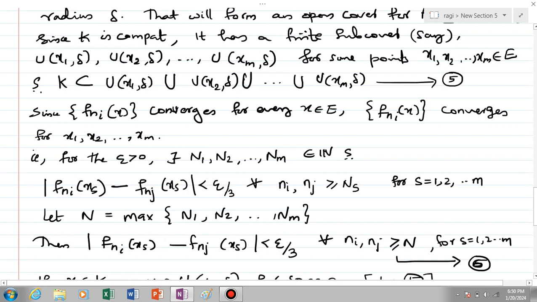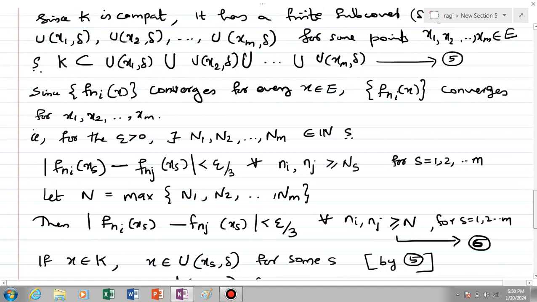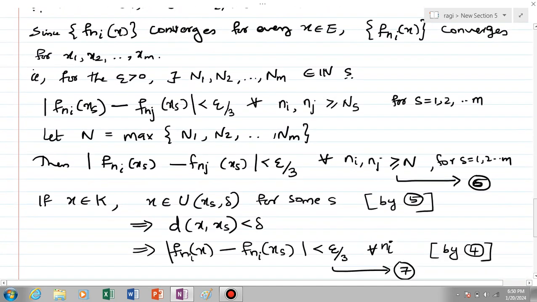Okay, let capital N be the maximum of all these n1, n2, etc., nm. Then we can write this inequality, which is true for every s equal to 1 to m. That is, modulus of Fni of xs minus Fnj of xs is less than epsilon by 3 for every ni, nj greater than or equal to this capital N, which is the maximum of all the ns, for s equal to 1 to m. So this inequality is true for every point x1, x2, etc., xm. Let it be equation number 6.